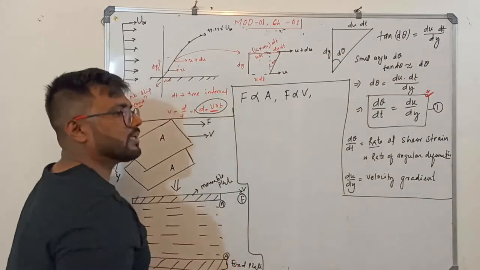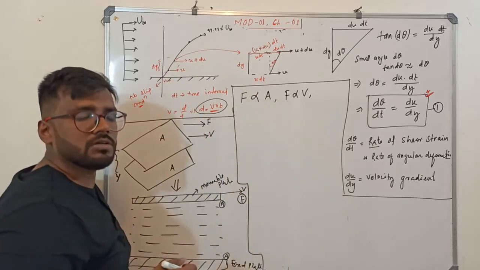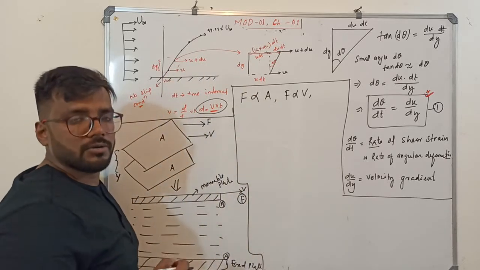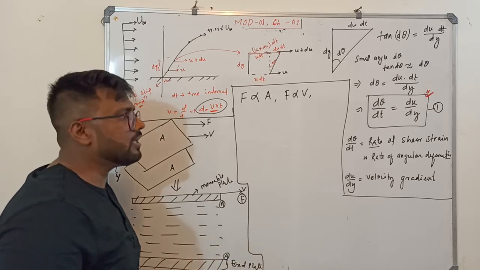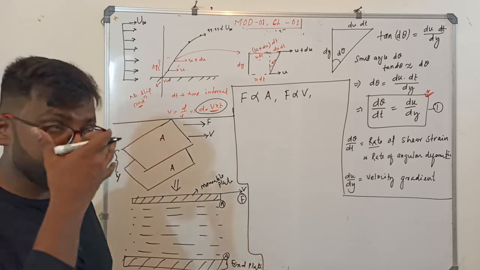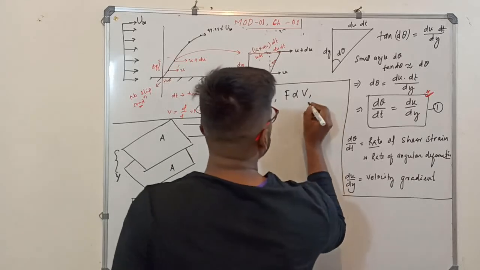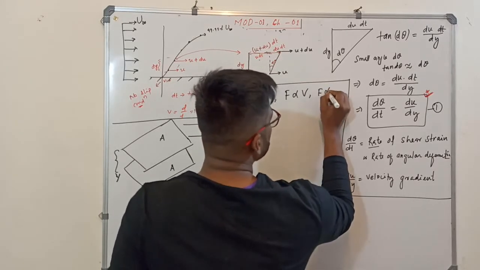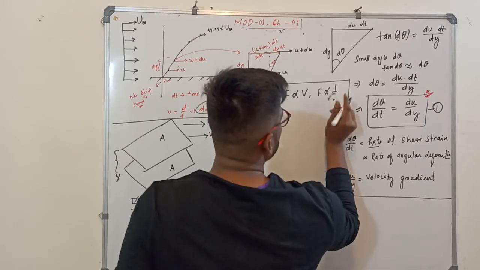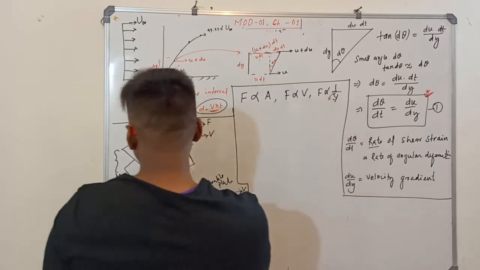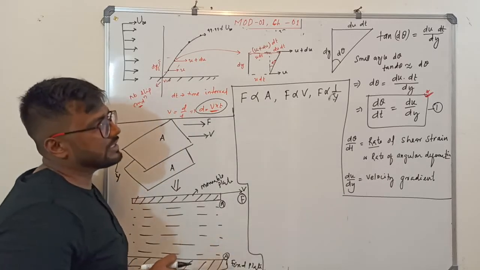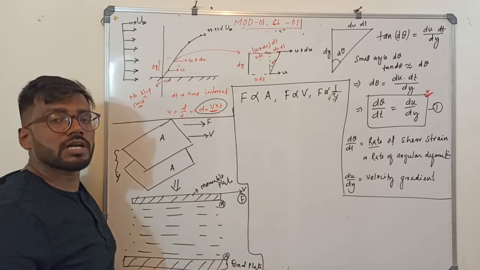If you want to pull it at a higher velocity, you have to apply more force, or the force applied on the plate by the fluid will obviously be more. Understood? Similarly, your F is inversely proportional to the depth y. The larger this is, the smaller F becomes. Now these are the experimental results that have been obtained.